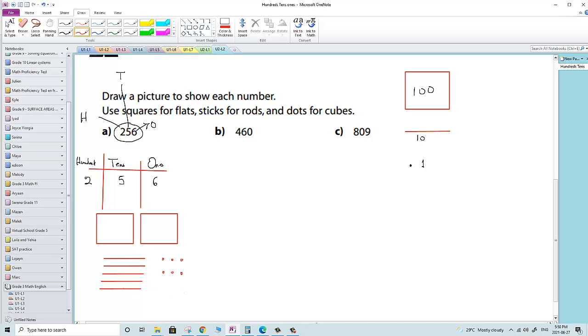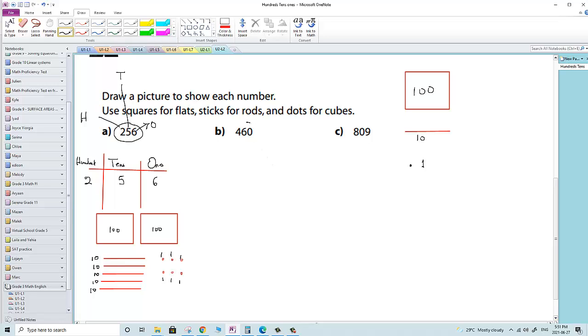So I have 6 ones, 5 tens, and 2 big hundreds. Each square is 100 and 100, so 200. Each stick is 10: 10, 10, 10, 10, 10. I have 5 tens, that means 50. And I have 1, 1, 1, 1, 1, 1, which represent the 6.